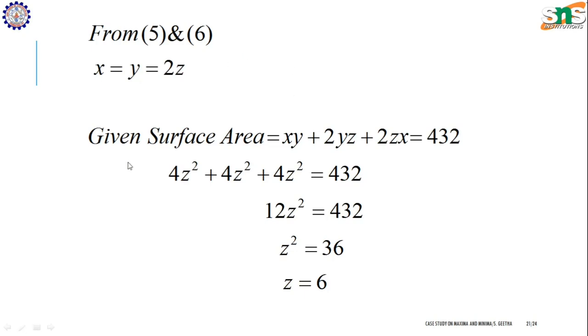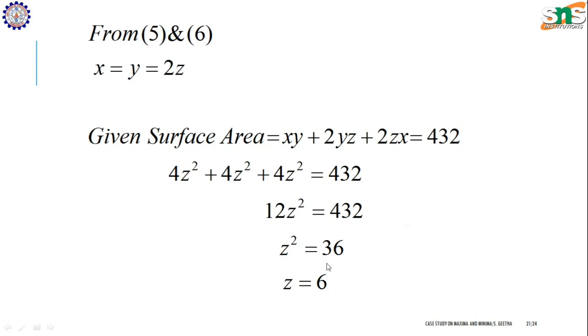Here they have given the surface area xy + 2yz + 2zx = 432. Now we replace x and y by z. We get 4z² + 4z² + 4z² = 432. That means 12z² = 432.